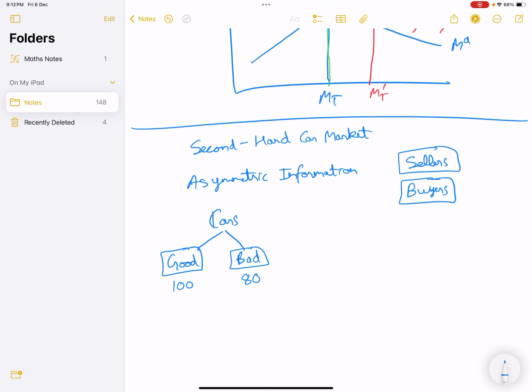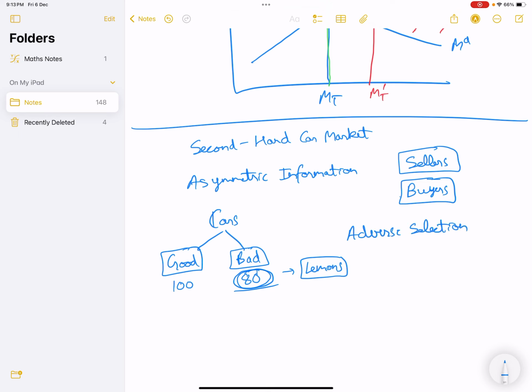So the buyers don't know the quality of the car, so they'll tend to buy the cheaper good. They'll tend to buy the bad quality cars only, and this is called the lemon problem. This happens due to adverse selection.